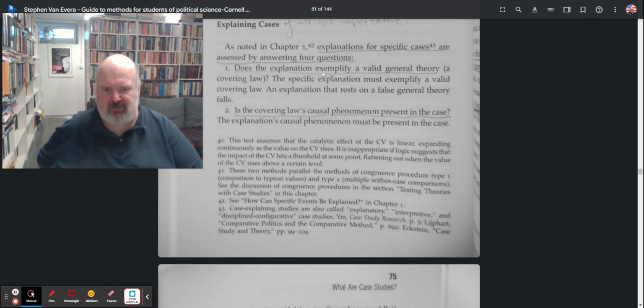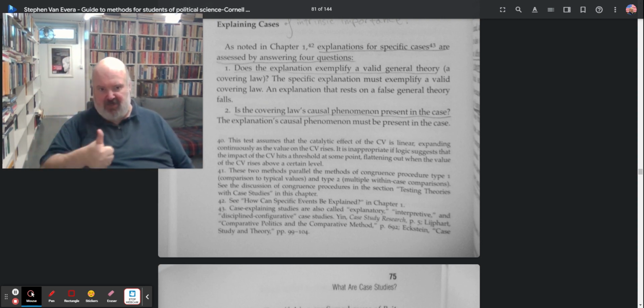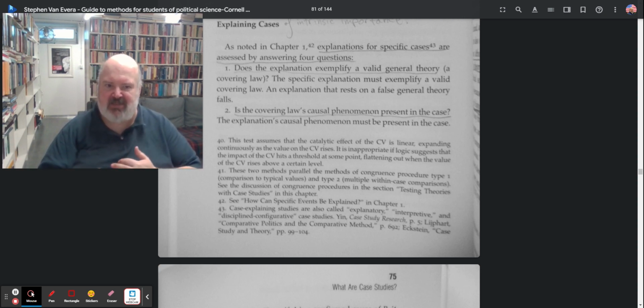1, does the explanation exemplify a valid general theory or a covering law? The specific explanation must exemplify a valid covering law.